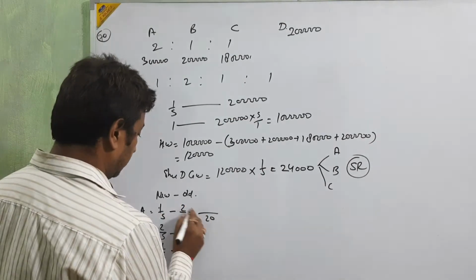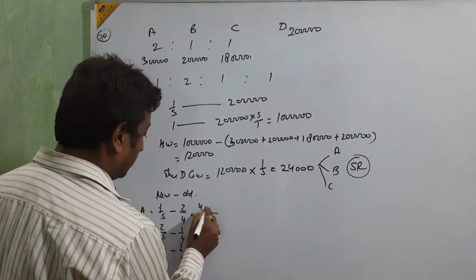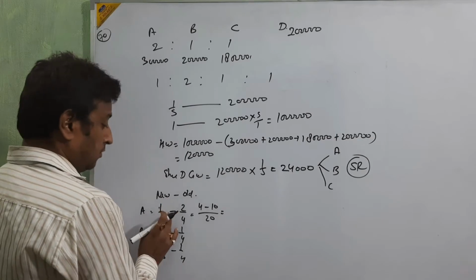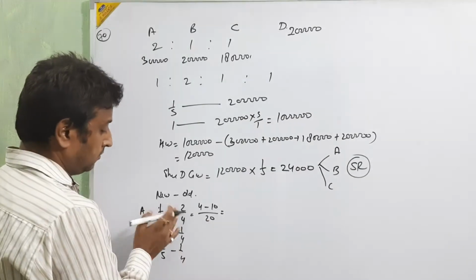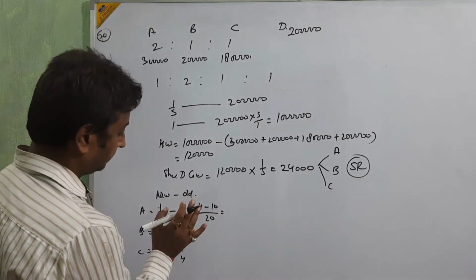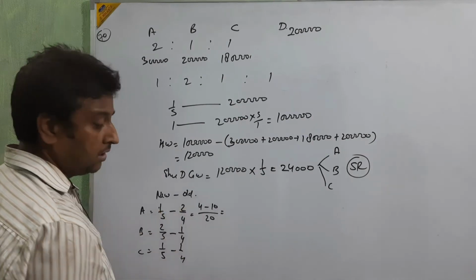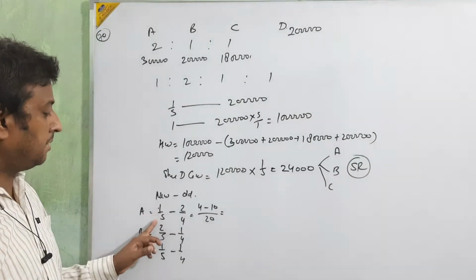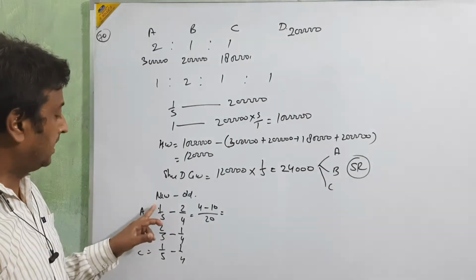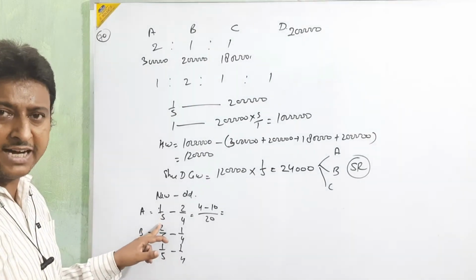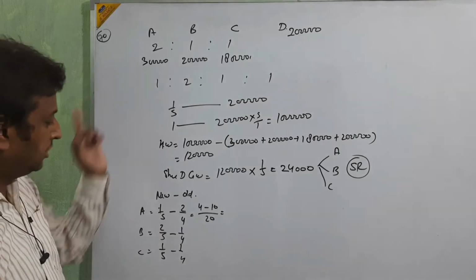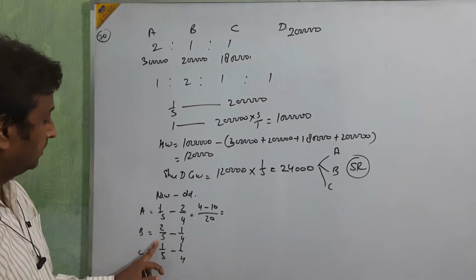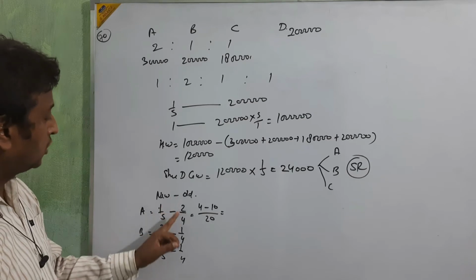5 times 4 is 20. Okay, beta? 4 times 4. Okay, clear? 1/5 is the new ratio and old is 2/4.